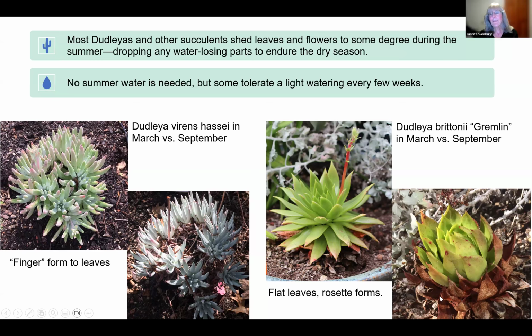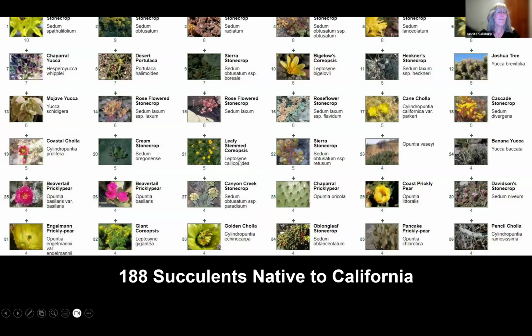During the dry season, it starts to shed extra leaves and then pulls the water into the center of the plant. So they have a strategy. Pretty cool. And in California, if you look at the Calscape website, there are 188 succulents native to California, tons to choose from. I happen to like Dudleyas because they're super easy to grow.